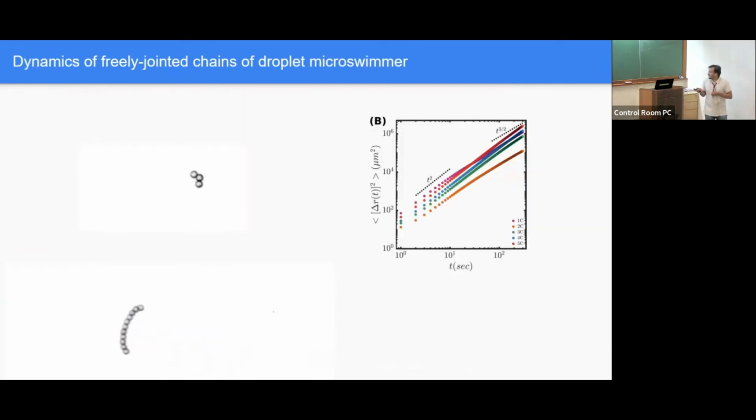When we take these chains in a completely isolated environment, with isolated I mean where there is no droplet or assembly surrounding them, they have this C-shaped configuration, and their propulsion is basically ballistic in nature.